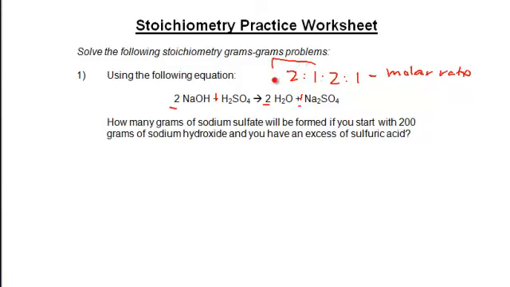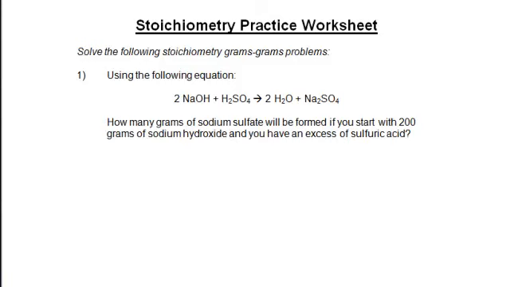As long as I keep this in mind when I'm doing my stoichiometry, I should be able to predict how much of another substance I can create or need to use based on that molar ratio. Okay, let's work this problem.